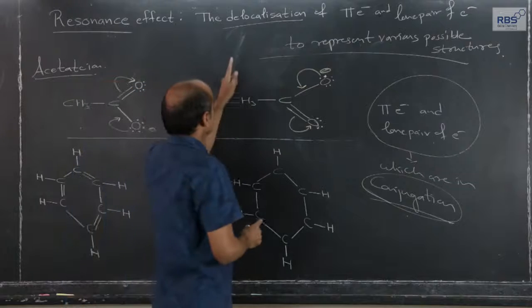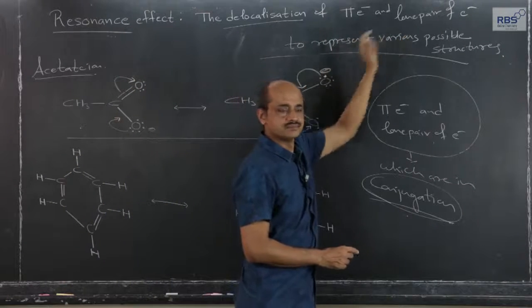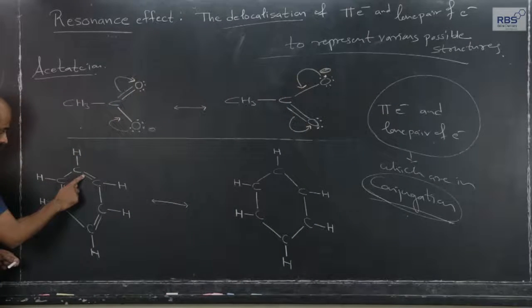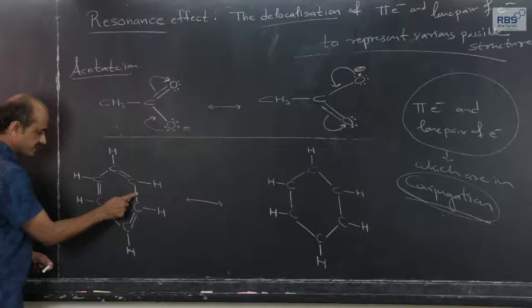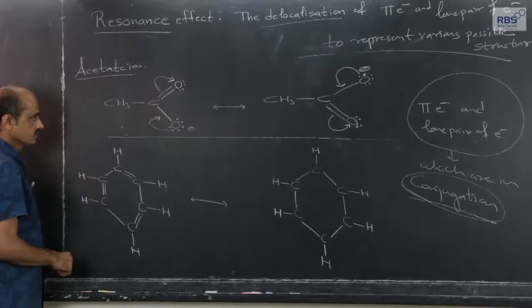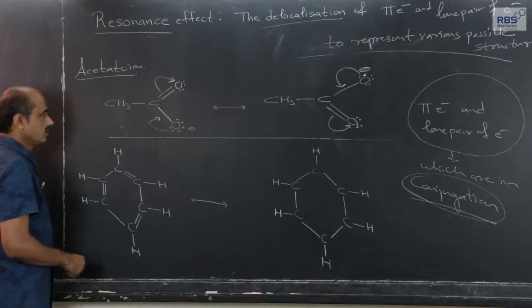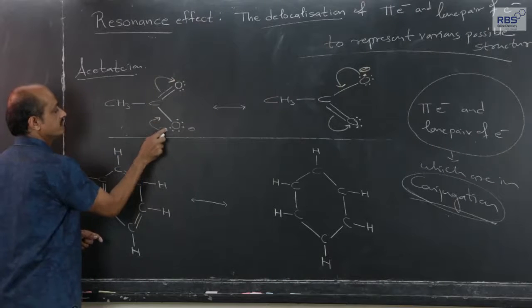Let me repeat: delocalization of pi electrons and lone pair. Sometimes it can be pi electrons only, like in the case of benzene, pi sigma pi. Further explanation is yet to be made. Or like what we have seen here, lone pair sigma pi.